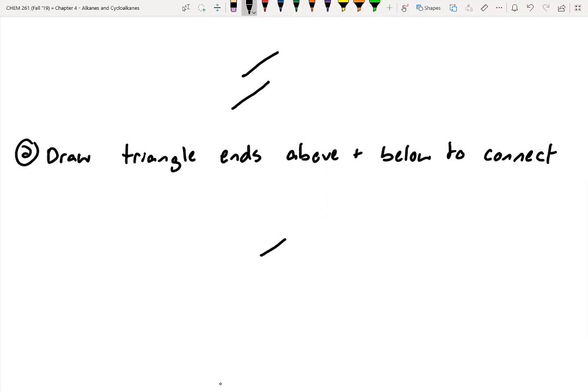We'll do our parallel lines like we did up above. But this time I'm going to add in triangle ends, like that. And if you want, you can even do dashed lines right here. In fact, I'm going to be doing this a fair amount during the course.